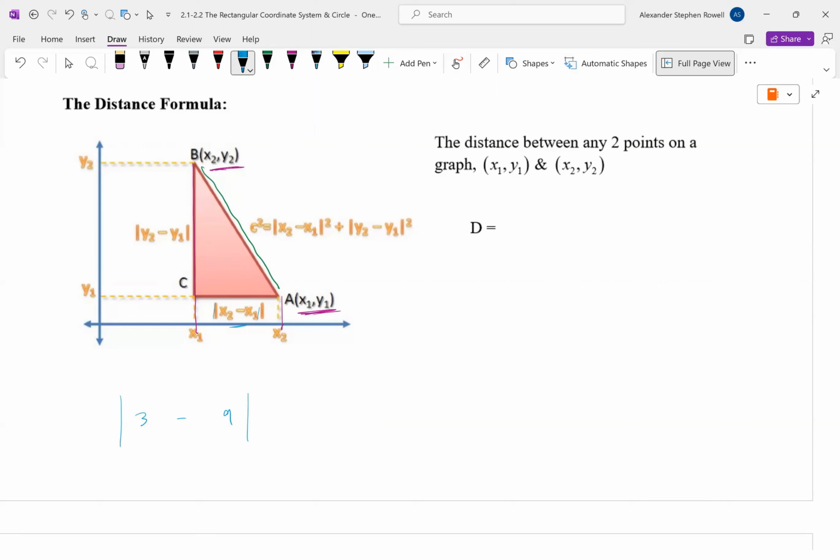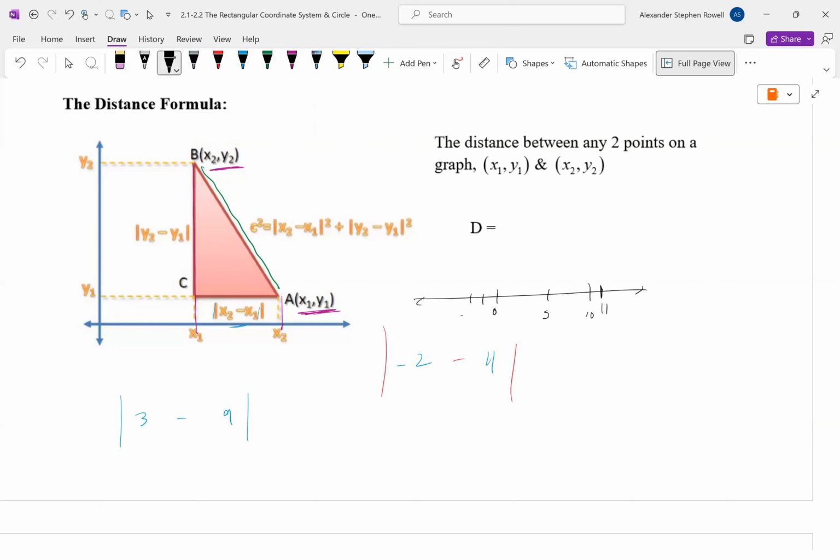Does that always work between the distance of any two numbers? Let's try -2 and 11. What's the distance between them? If we subtract and take the absolute value, does it work? All right, here's 0, 5, 10, 11.